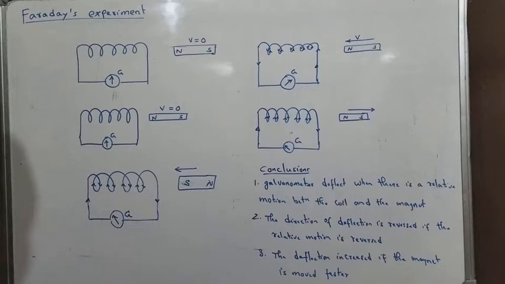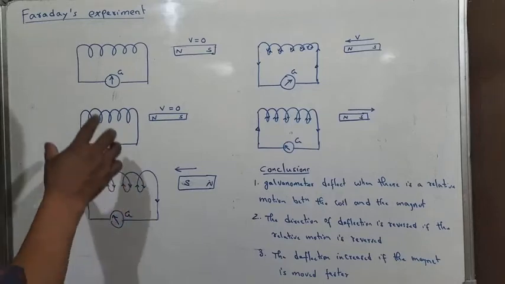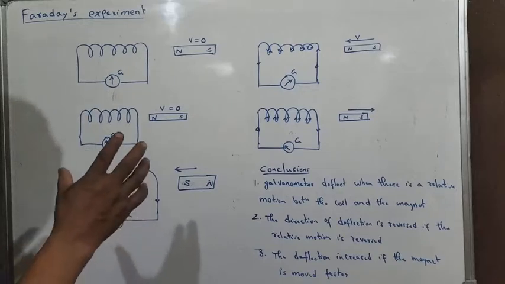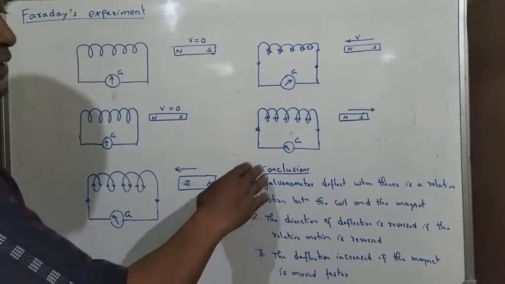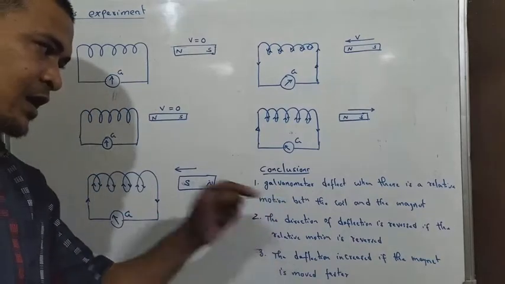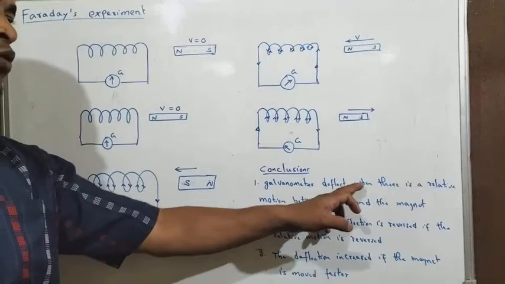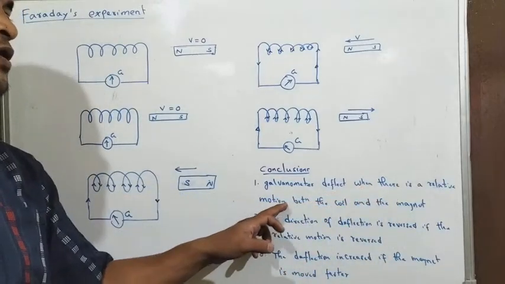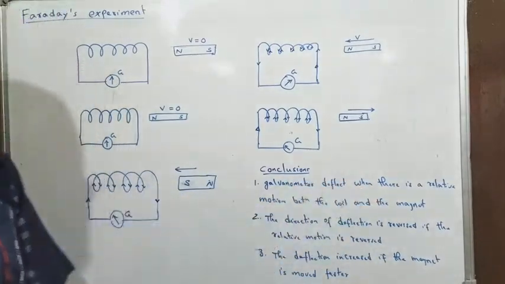So after this experiment, Faraday made the following conclusions. The first conclusion is that a galvanometer deflects when there is a relative motion between the coil and the magnet.